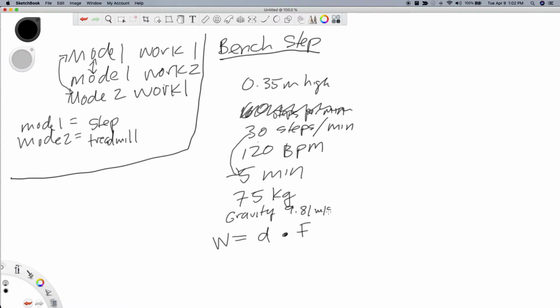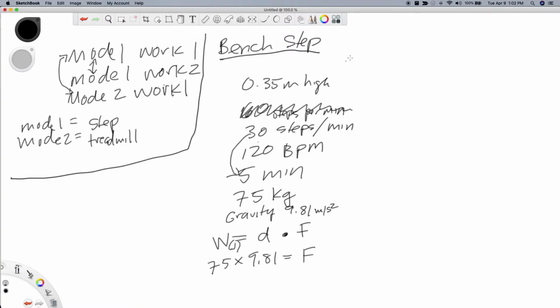So you take 75 kg times 9.81, that equals force. You take this force number, multiply it by the vertical distance displaced, and that will give you work in joules. Again, we've covered all this in the notes, and all these calculations are also on slides in the week 1 lecture notes.